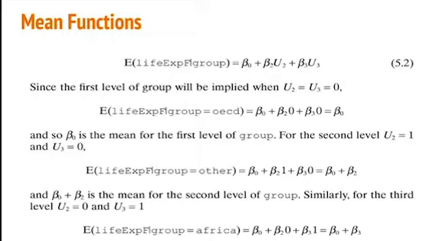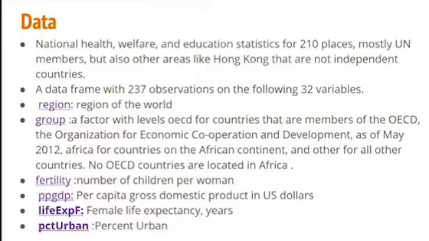Because there are 3 categories in the group here: the Organization of Economic Cooperation and Development as of May 2012, Africa, countries on the African continent, and other for all other countries.